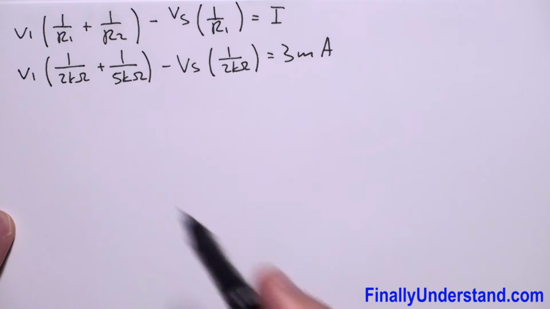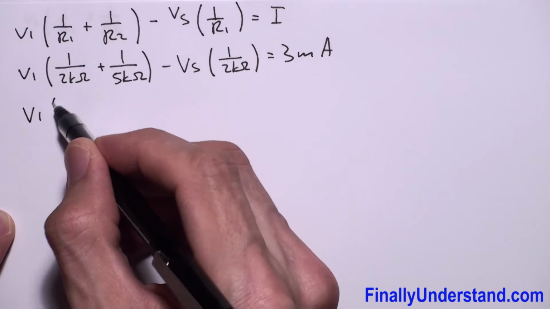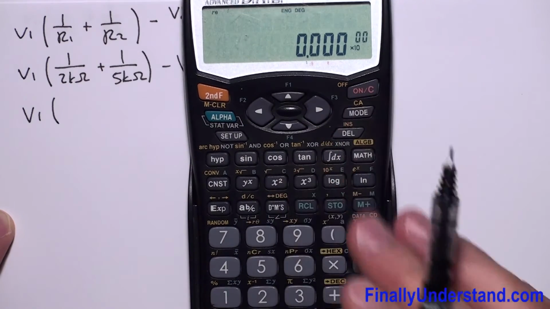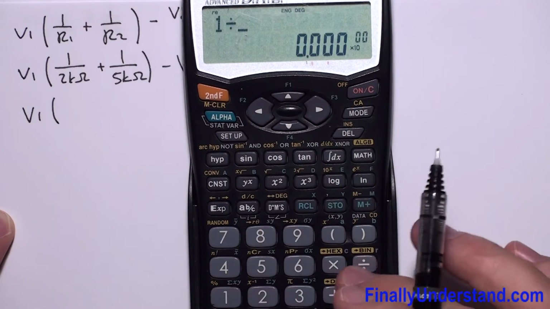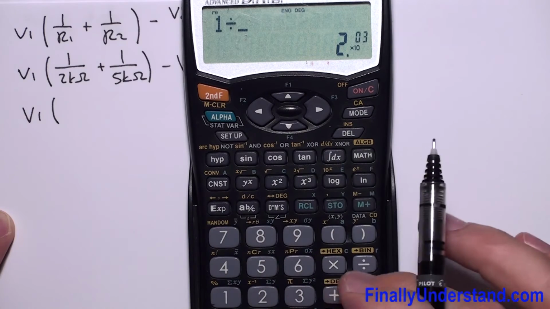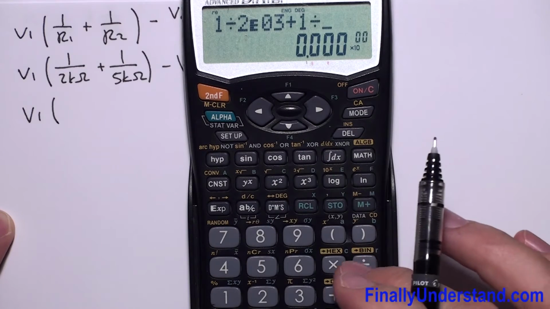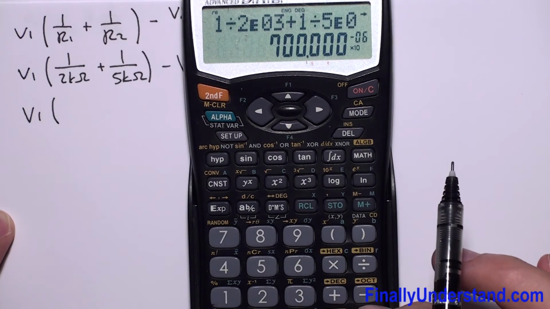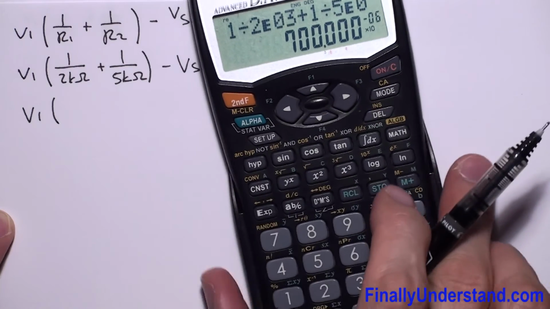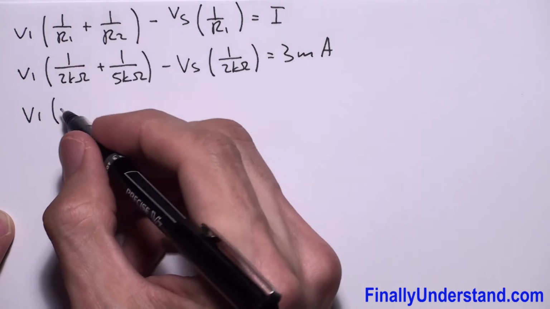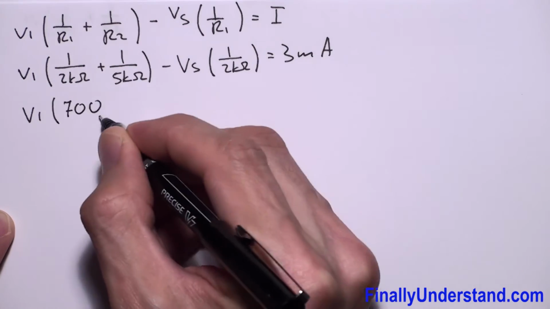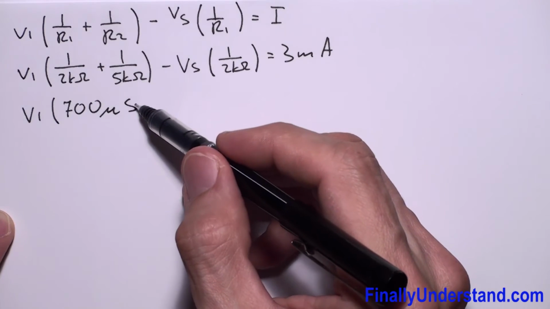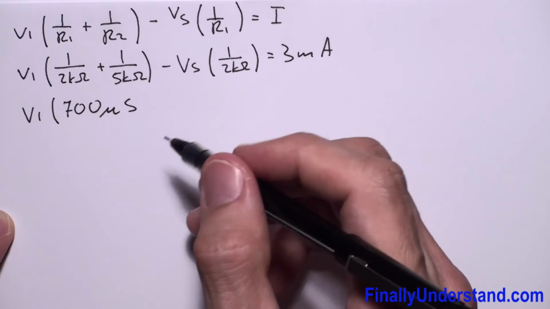Now I'm going to use the calculator to find the values inside of the parentheses. So I have 1 divided by 2 exponent 3 plus 1 divided by 5 exponent 3. This is equal to 700 microsiemens. Remember, 1 divided by resistance is equal to Siemens.